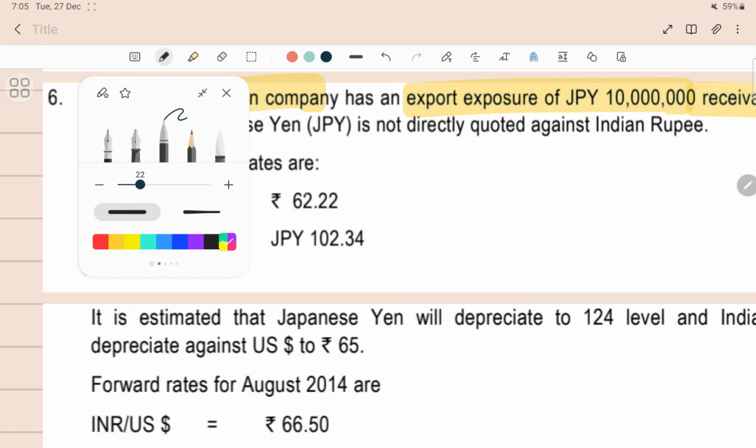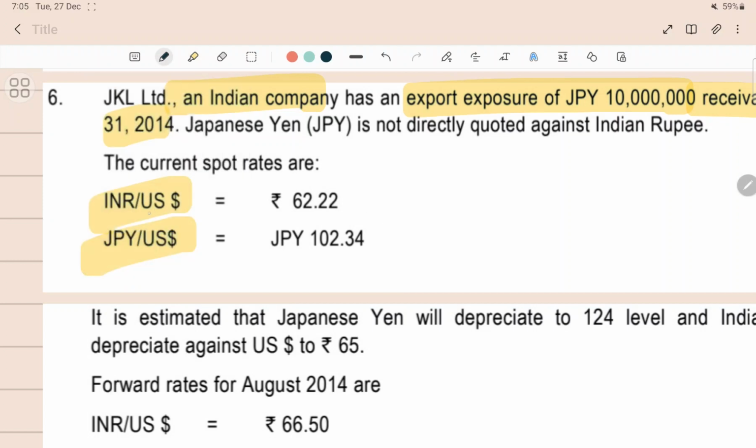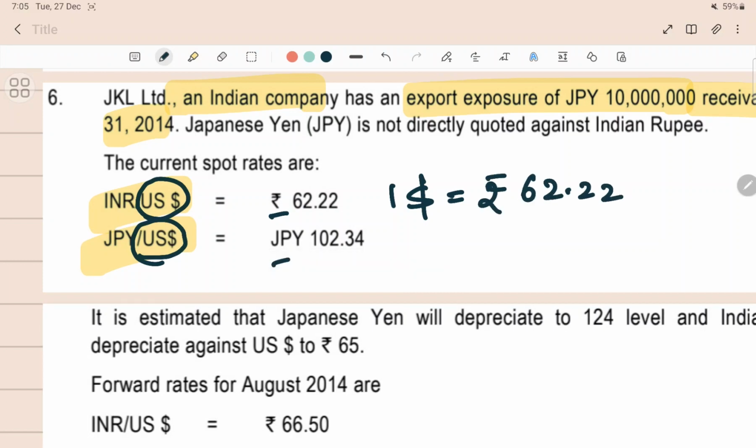See this. This is a per dollar quote. This is also a per dollar quote. Okay, so $1 is equal to rupee 62.22, and this is also a dollar quote.